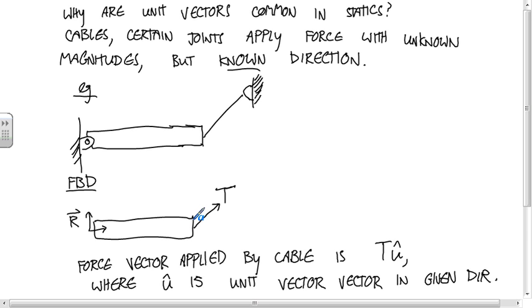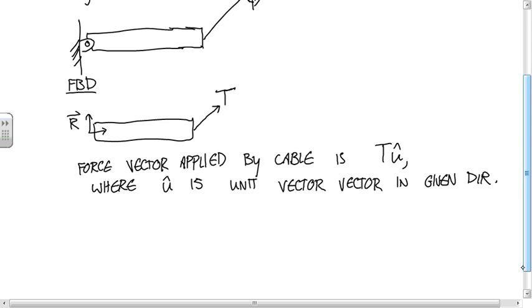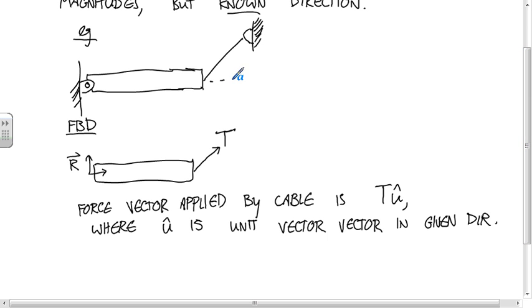But if instead you represent that force vector as a scalar value times a unit vector that you can come up with numbers for, then if this angle, say, was 45 degrees, that unit vector is just going to come from cosine and sine.